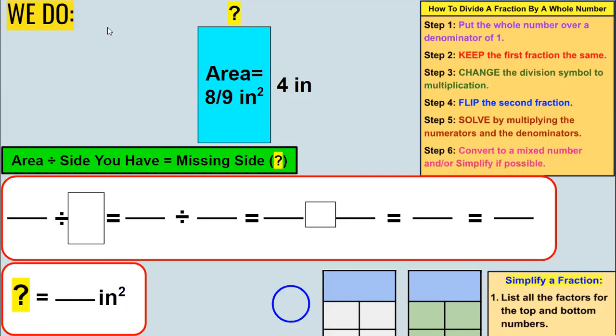I don't know the length. So we're trying to figure out length. We know the width, which is 4 inches, and we know the area, which is 8/9 inches squared.